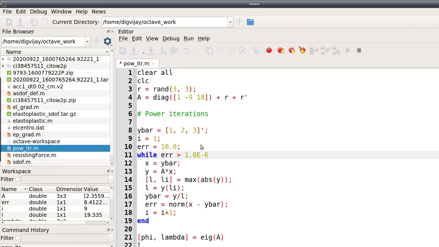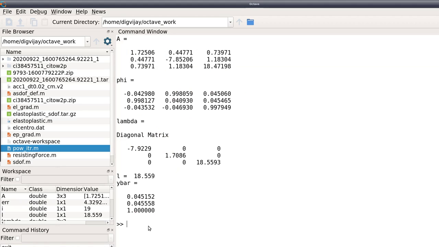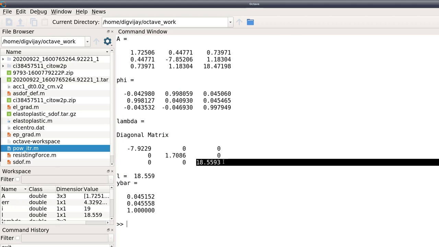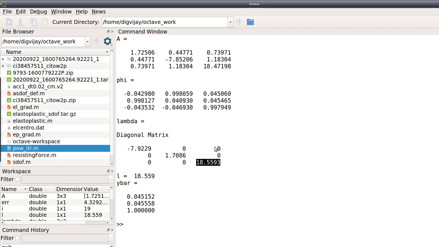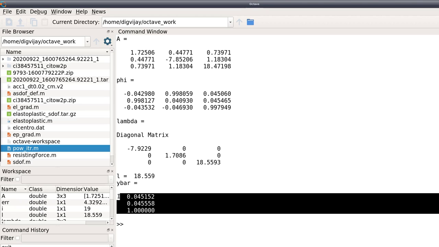What if I change this error to be much smaller? Let us run it and see if we get the solution. Yeah, we got the solution. Of course, this has changed because I have a random vector over here, so the value changes a little bit every time.